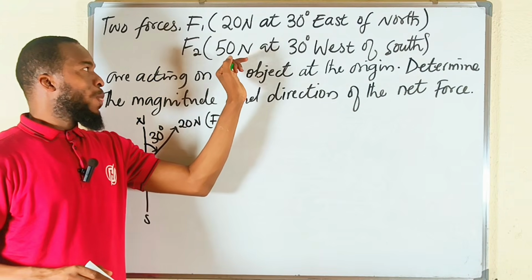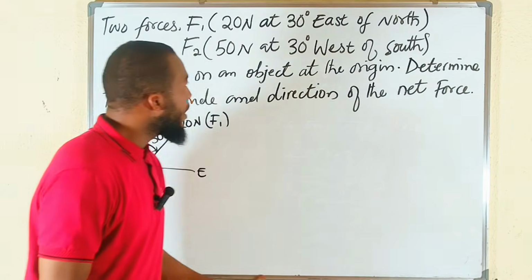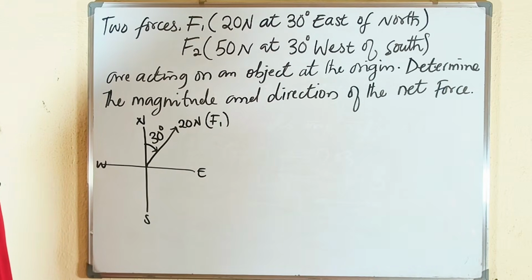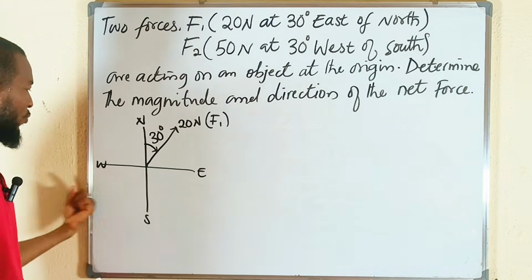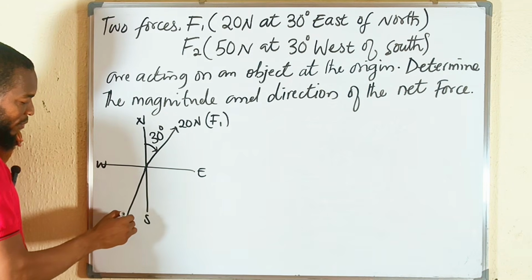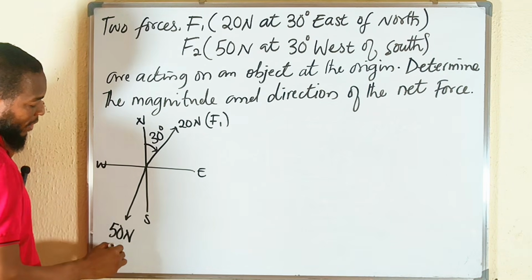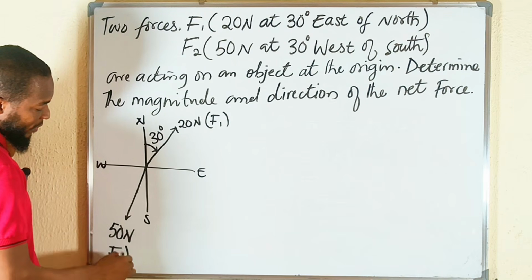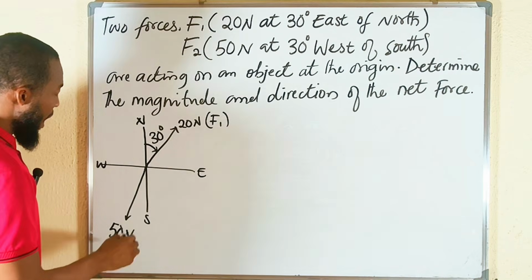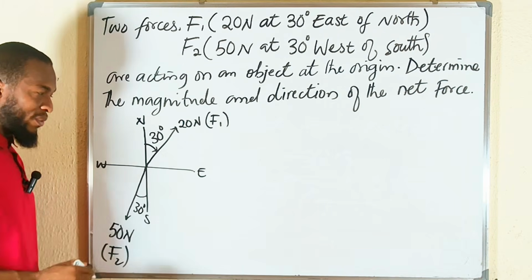Then F2, which is 50 newtons, it is acting on which direction? 30 degrees west of south. This is south, this is west of south. So we assume something like this. This is 50 newtons. And this is force number 2, right? This is force number 2. And the angle here is also 30 degrees.